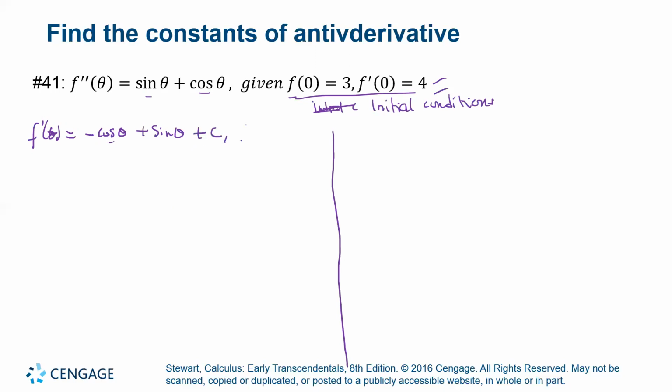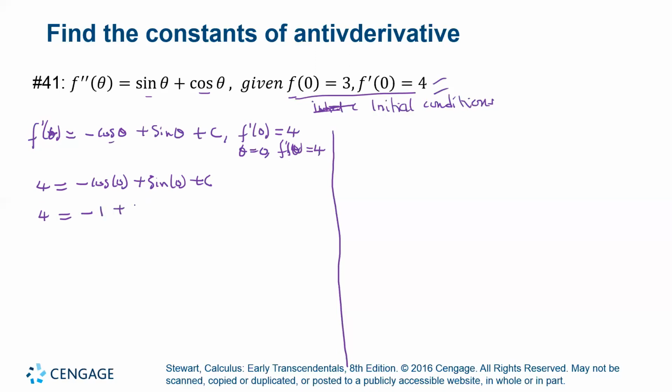But we are given that f prime of 0 is equal to 4. Meaning when theta equals 0, the function f prime of theta is equal to 4. So let's set this to 4. That is minus cosine of theta, theta is 0, plus sine of 0 plus c, where we get 4 is equal to minus cosine of 0, which is 1, so that gives minus 1.